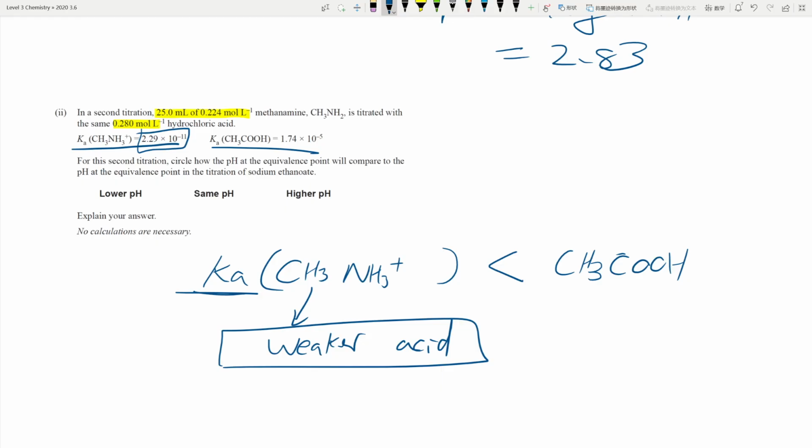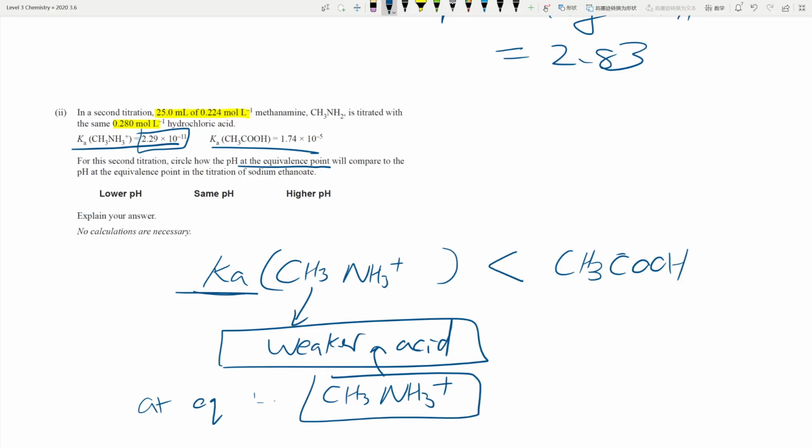Now at equivalence point, we will make CH3NH3+, which we know is a weaker acid, so there are fewer H3O+ ions being produced. That means you will have a higher pH, so you should select higher pH.